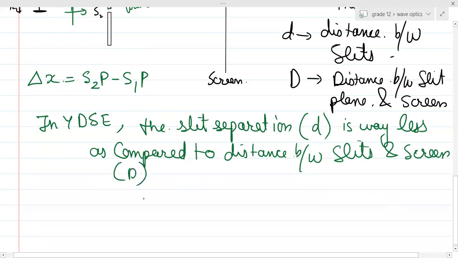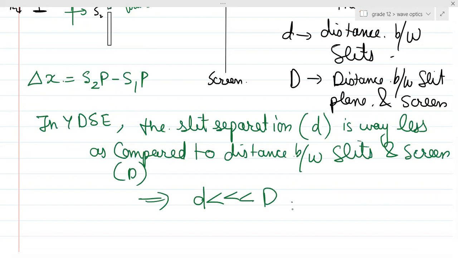So here, what exactly am I saying? This small d is way smaller as compared to capital D. Is it clear?